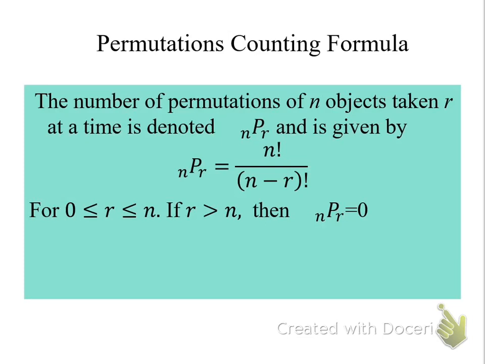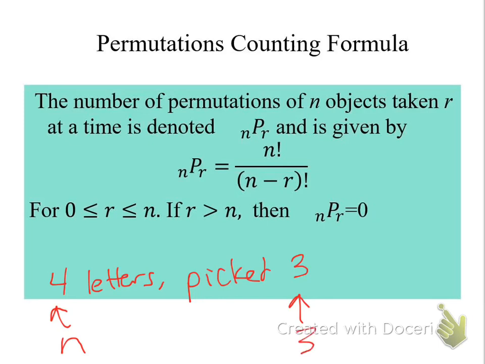For example, when I had 4 letters and I picked 3, order mattered, so ABC was different than BAC because they're the same 3 letters but in a different order. In this case, the 4 letters is n and the number I am using is 3.